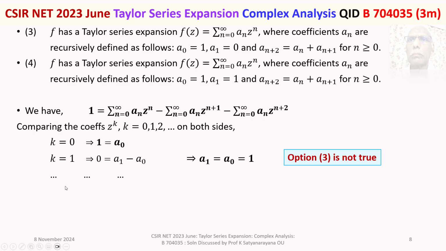So, in general, let k is equal to n. The coefficient of z power n from the left hand side is 0. From the right hand side, from the first sigma, that is a_n, minus the coefficient of z power n from the second sigma by taking in the place of n, n minus 1.